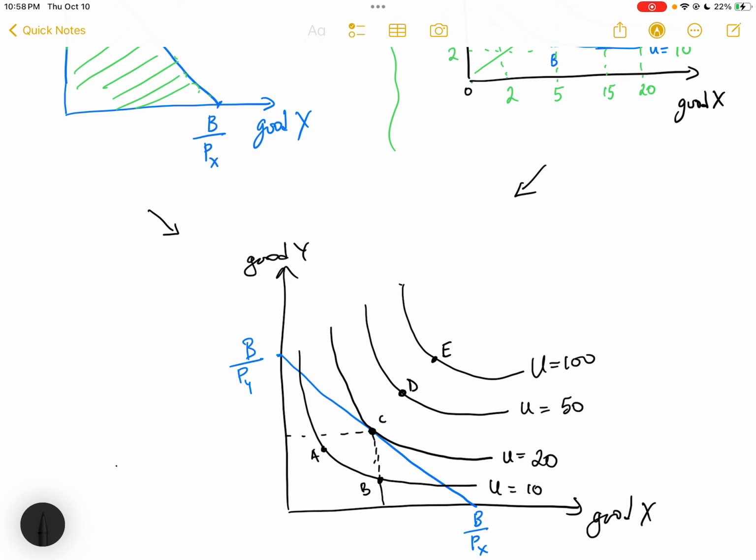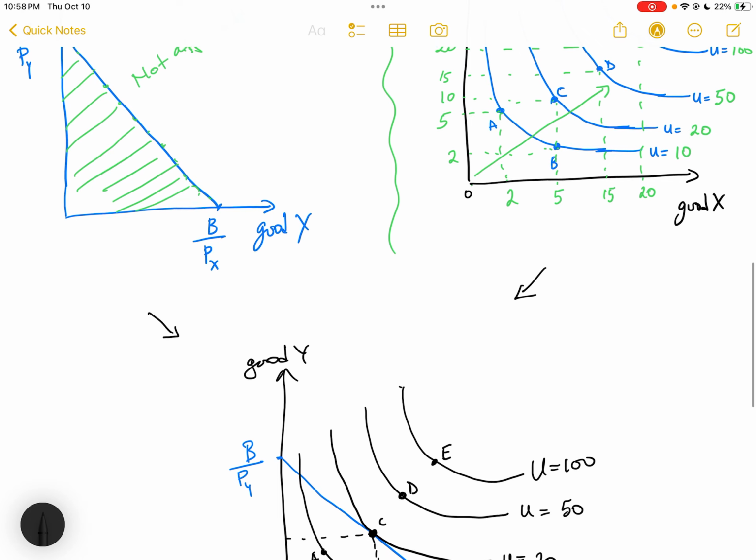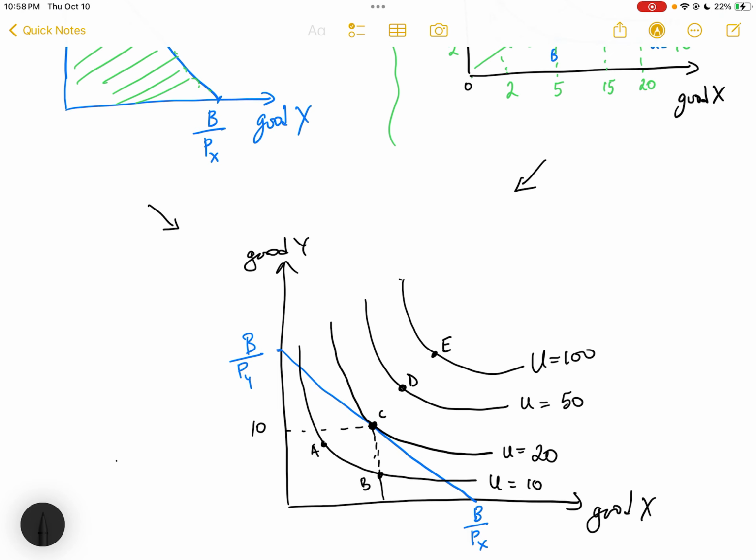So just following that rule in consumer choice, we end up here at the point of tangency between the indifference curve that gives us satisfaction level 20 and the budget line. So it's a tangency between the indifference curve and the budget line. The optimal bundle we pick is bundle C. And what is bundle C? 10 units of good Y and 5 units of good X.